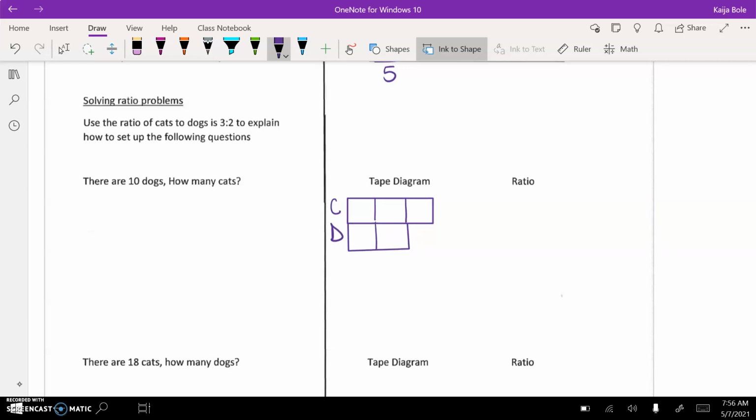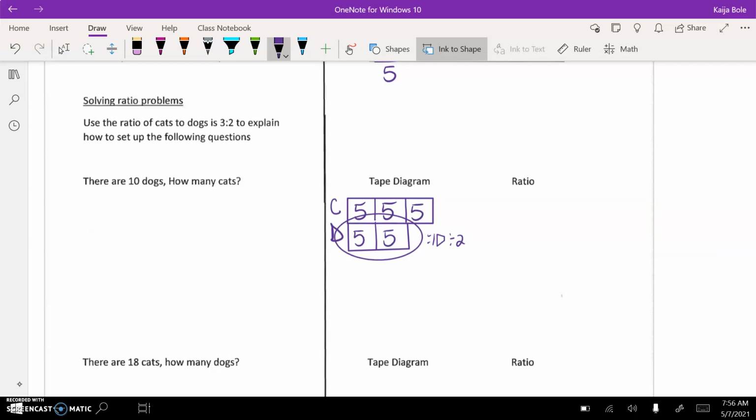Now, there are 10 dogs, so that means my dog boxes equal 10. And there's 2 boxes, so I'm going to divide them by 2. So 10 divided by 2 is 5, so there will be 5 in all of the boxes, right? Once you fill in one box, you fill them all in.